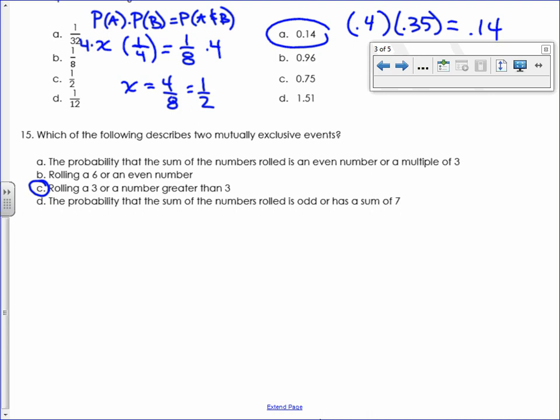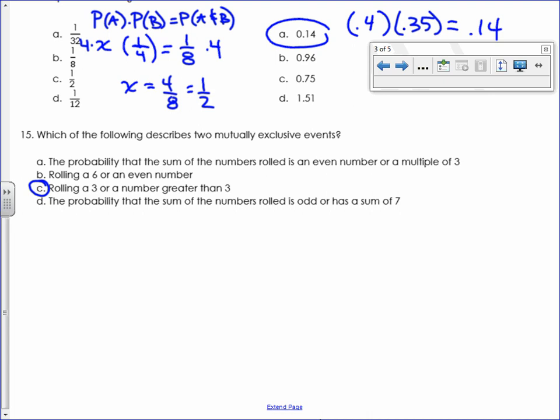That's an equation, but we don't need the equation for this, sweetie. We just need the definition. Can a number be 3 or greater than 3 at the same time?